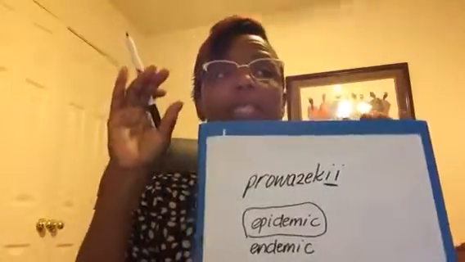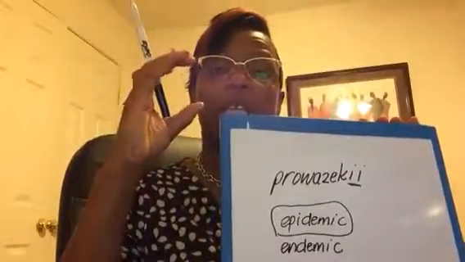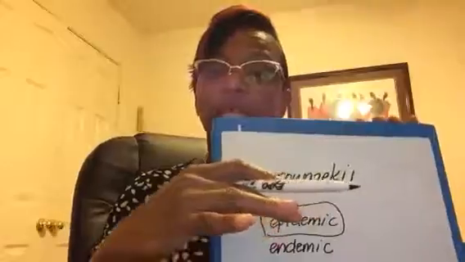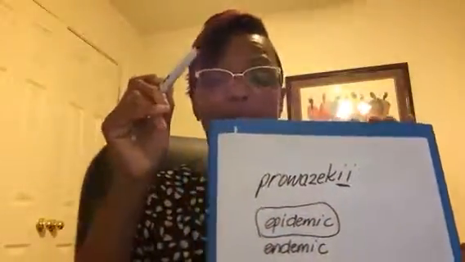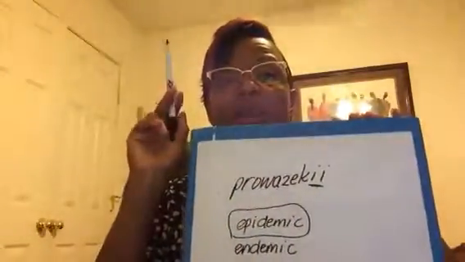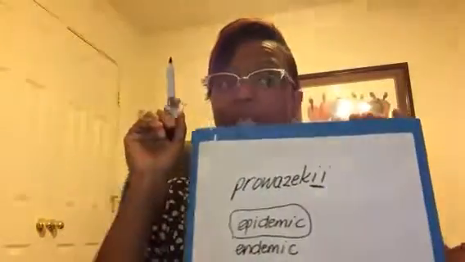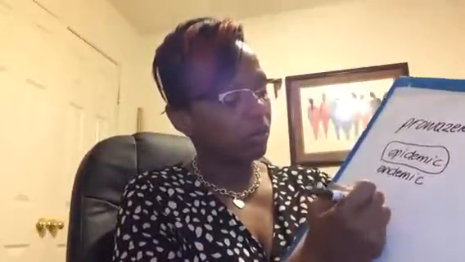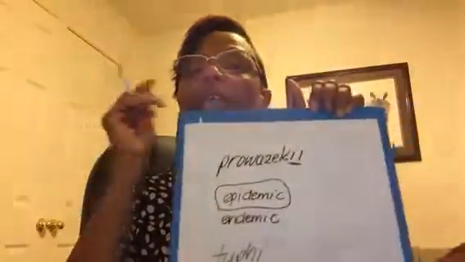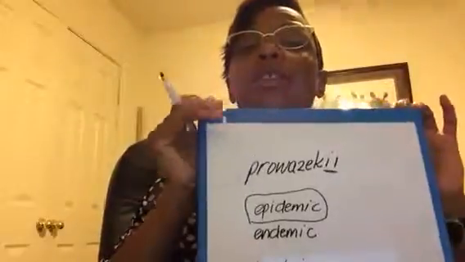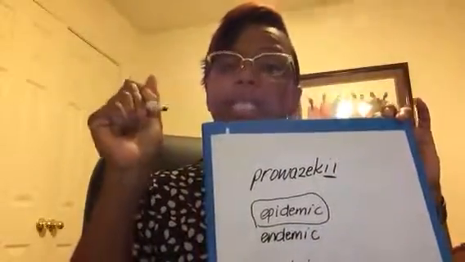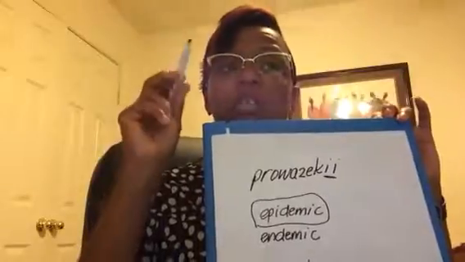Endemic means that it's just in a general localized area, but endemic only has one eye. Typhi only has one eye. So therefore, this particular microorganism causes endemic typhus.